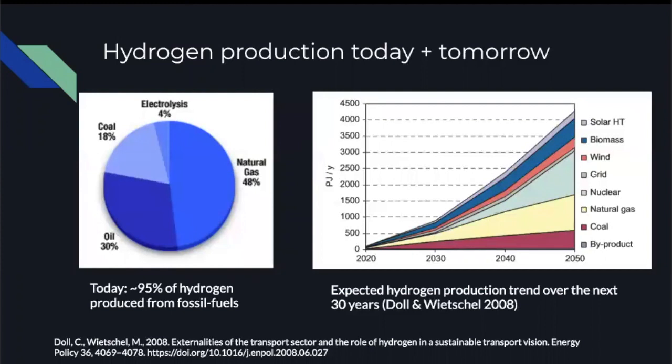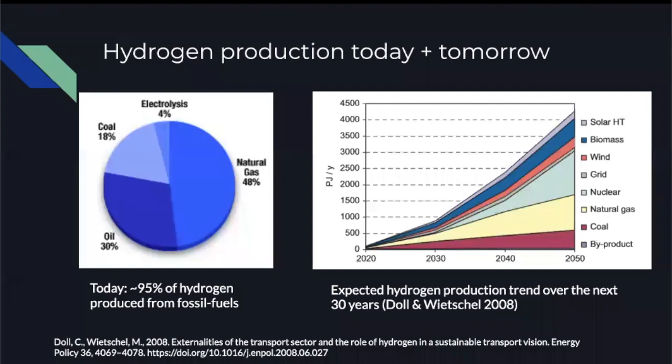Now, today, about 95% of hydrogen around the world is produced using fossil fuels. The remaining 5% or so is produced mostly through electrolysis with some biomass gasification. Unfortunately, while using electricity in electrolysis may be generally better than fossil fuel options, it's more than likely that the electricity used in this production comes from fossil fuel sources.